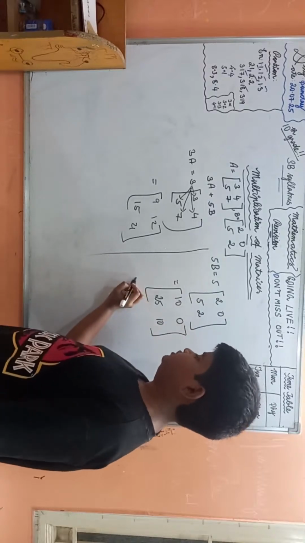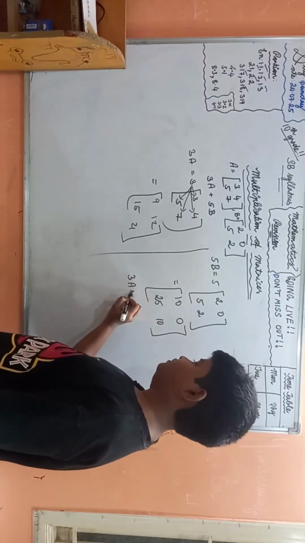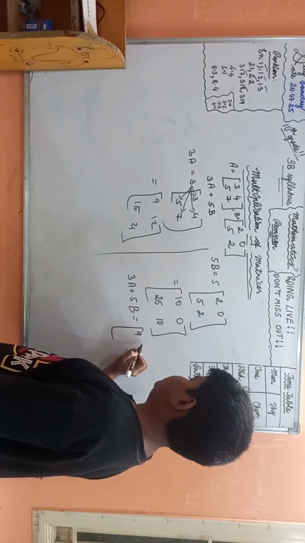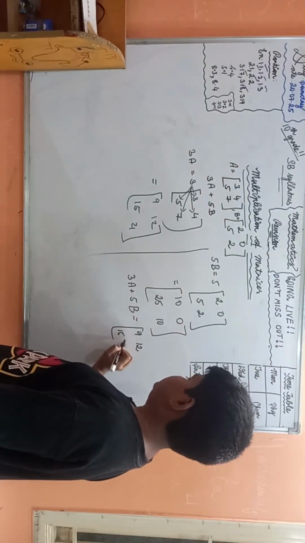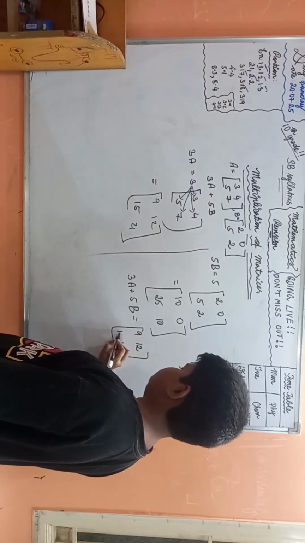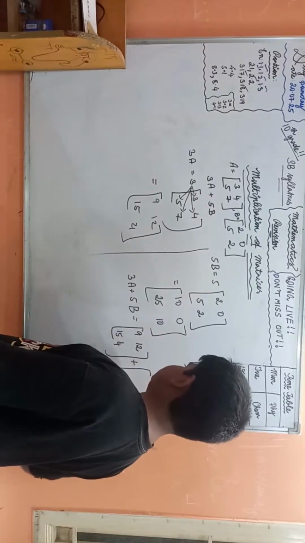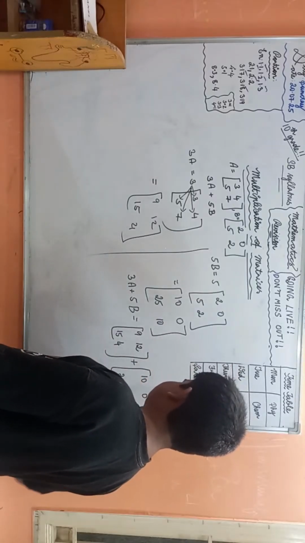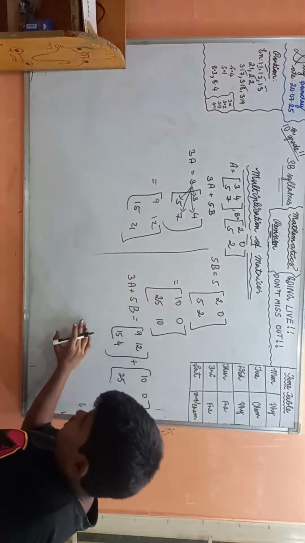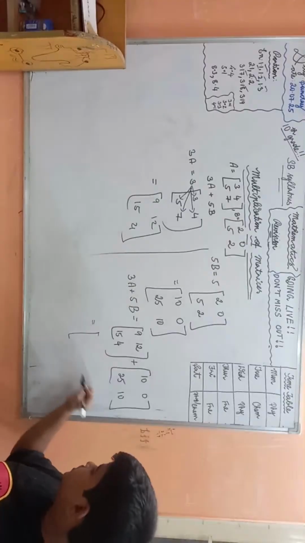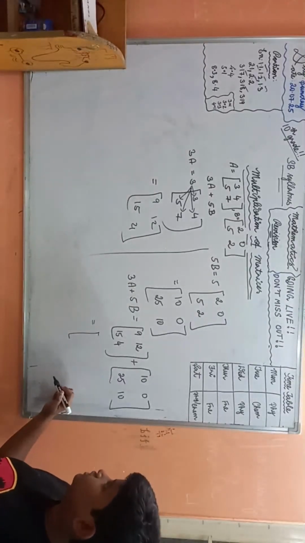So you gotta add 3A plus 5B. So we got 9, 12, 15, 4 plus 10, 0, 25, 10. So you gotta add the corresponding elements, which is the first element in first set and the first element in second set.